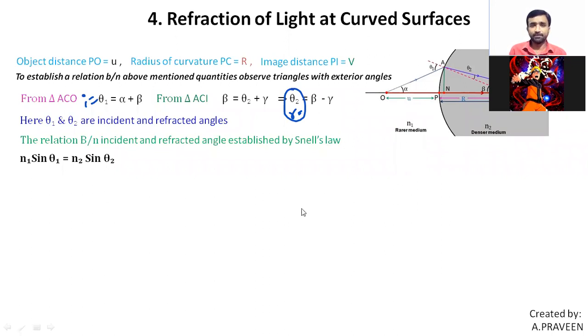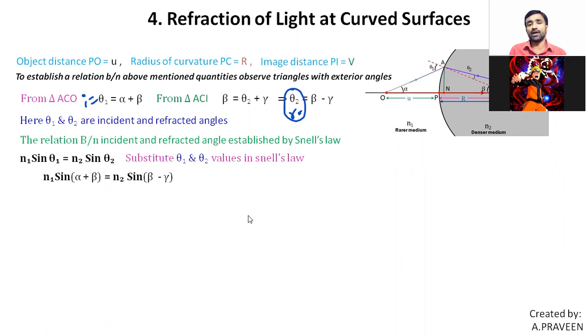Then substitute the theta 1 and theta 2 values in Snell's law, n1 sin theta 1 equal to n2 sin theta 2. So what can we write? n1 sin(alpha plus beta) is equal to n2 sin(beta minus gamma).